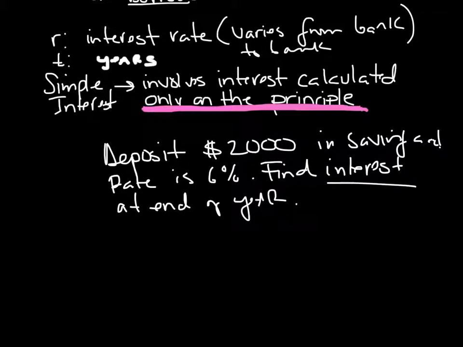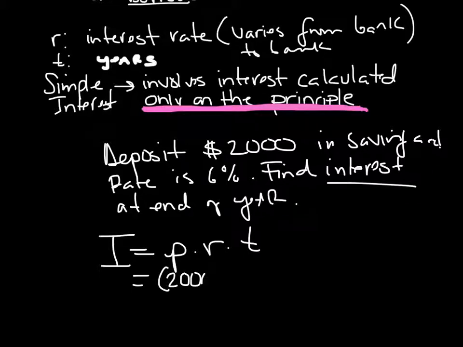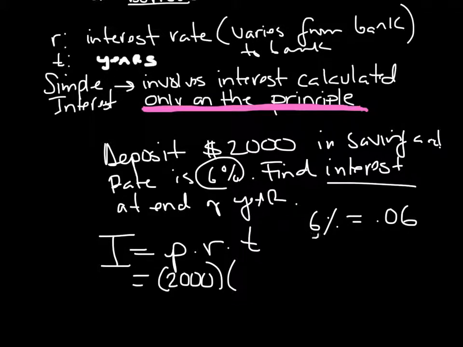Okay, so we want to find the interest. The interest, by definition, is the principal times the rate times the time. The principal is what we start with, that's $2,000, times the rate. The rate is 6%, but we want to write it as a decimal, which is 0.06, because the decimal is really here, and we're just dividing by 2. So our decimal's there, and we add a 0.